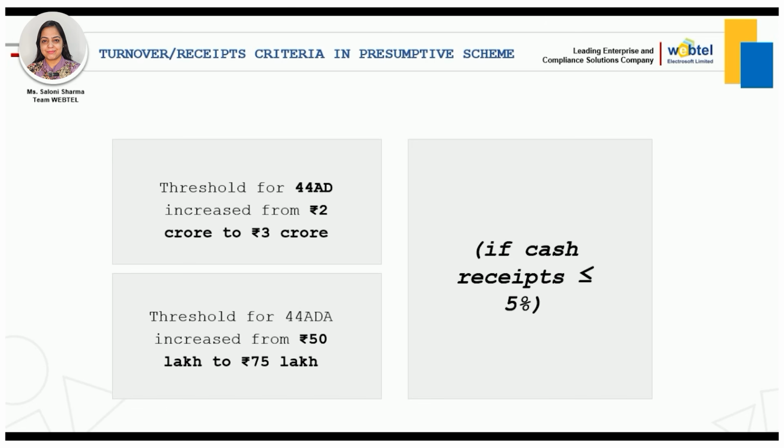Then only the turnover will be considered up to 3 crores in case of businesses. And in case of professionals, or if you have income under section 44ADA, then the threshold limit will be considered up to 75 lakh, and the criteria is that if you have cash receipts of less than 5%, then only the turnover criteria will change.